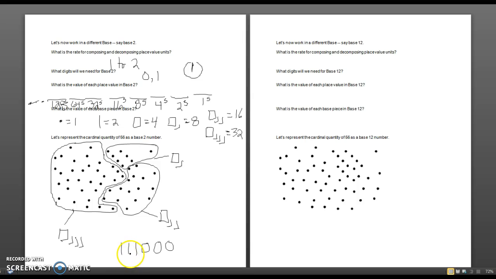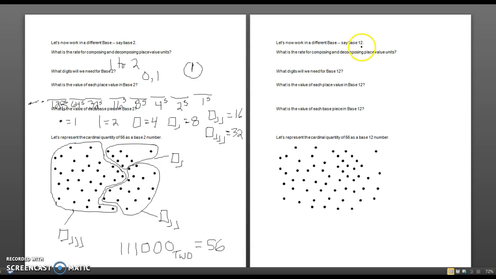So this number 1 1 1 0 0 0 base 2 is equivalent to 56. So again, think this means 1 32 plus 1 16 plus 1 8 totals up to be 56.